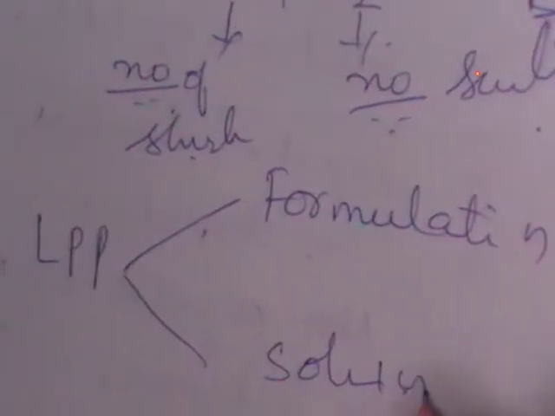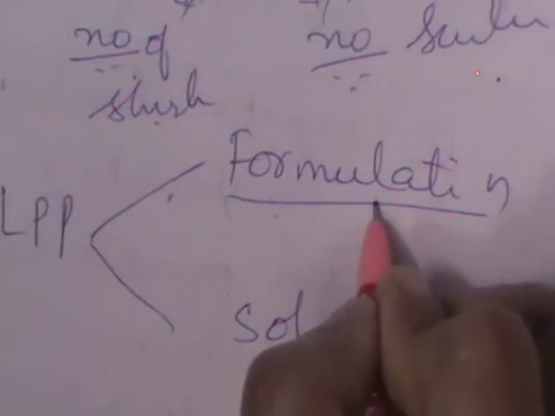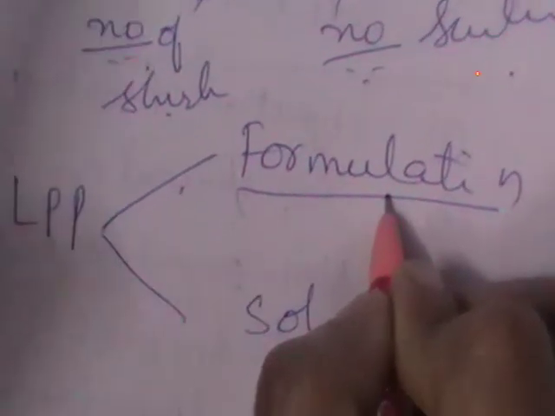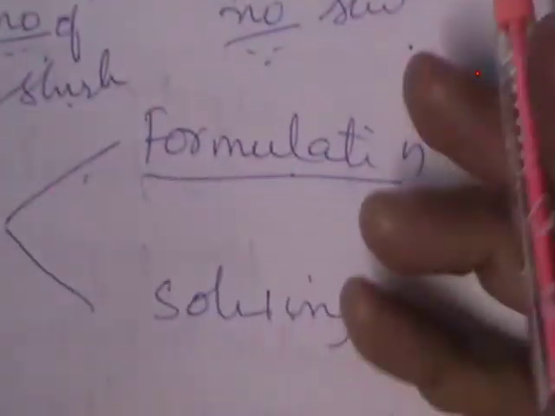That is LPP. As I said, you need to formulate the LPP before solving it. Formulating involves framing the objective function, constraints and non-negative restriction. In the objective function, you specify the objective of the given situation.